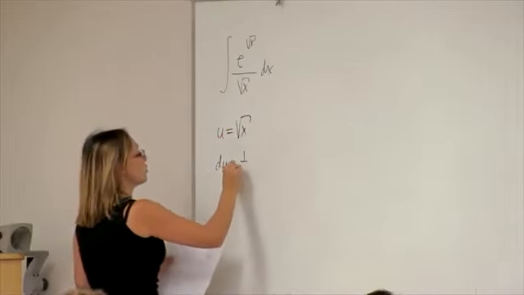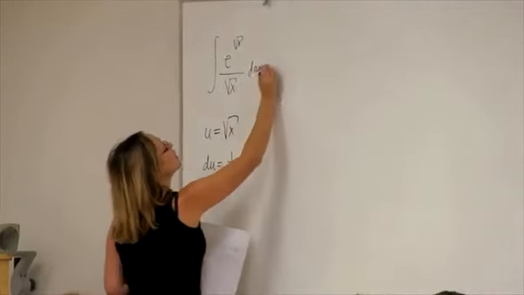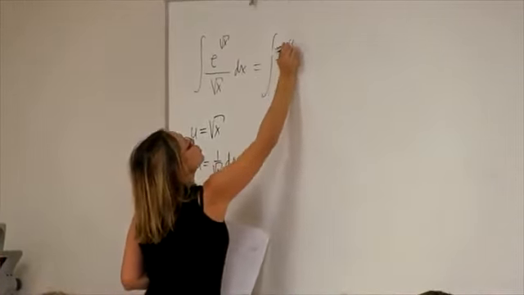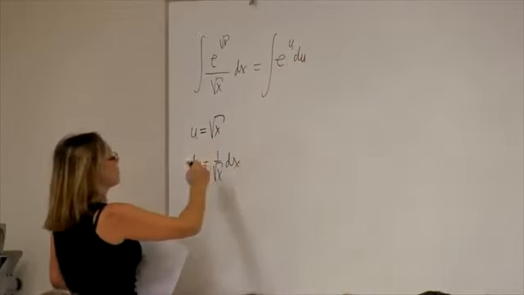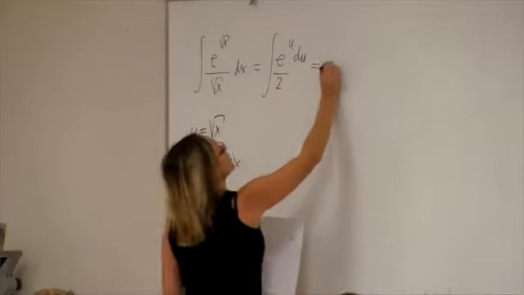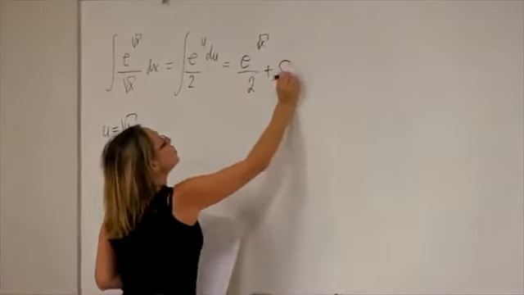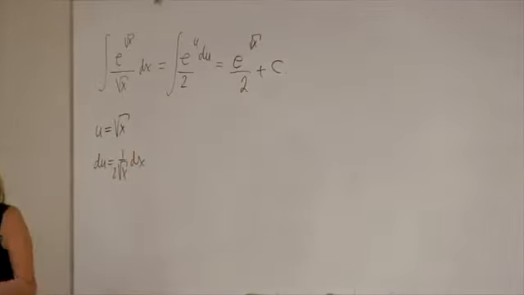So du is 1 over 2 square root of x dx, and this integral becomes 2 e to the u du. Okay, and this one is easy: 2 e to the square root of x plus c. And I have a slightly different one.